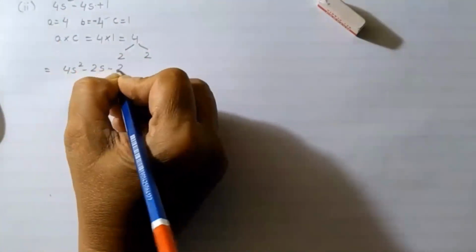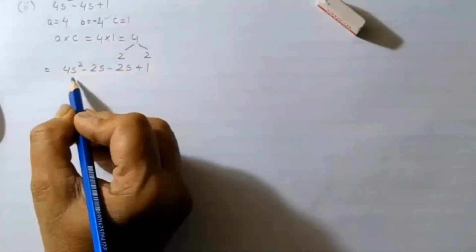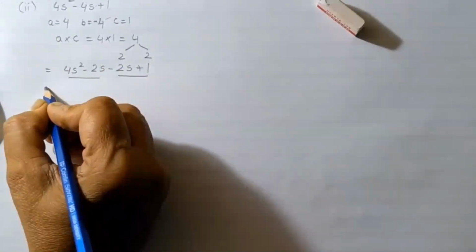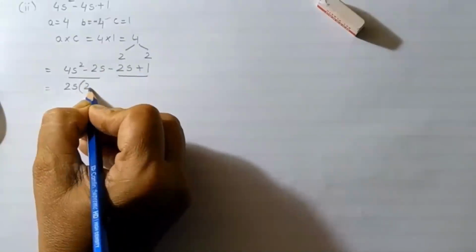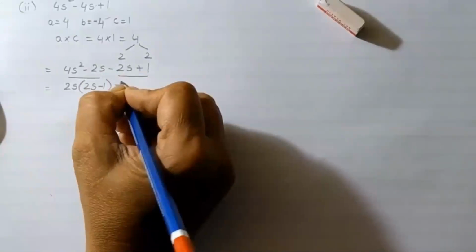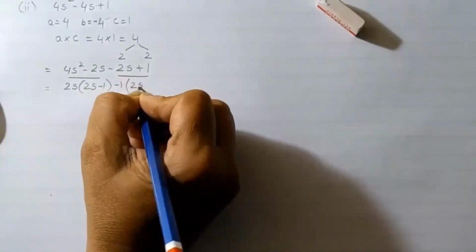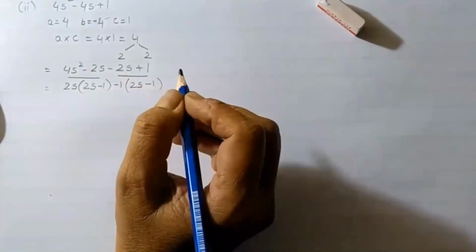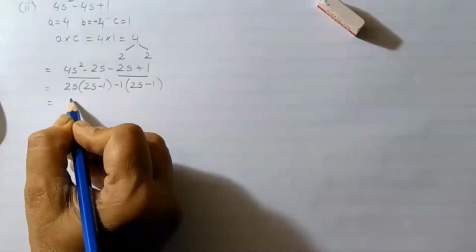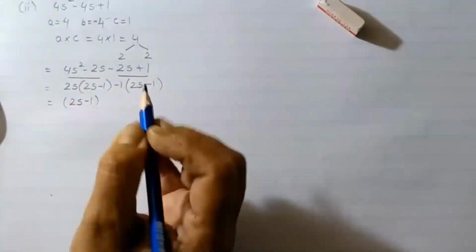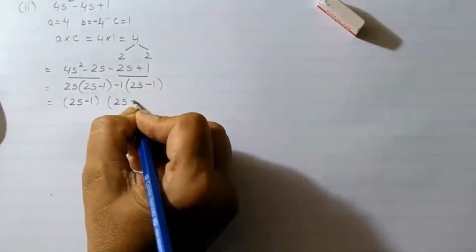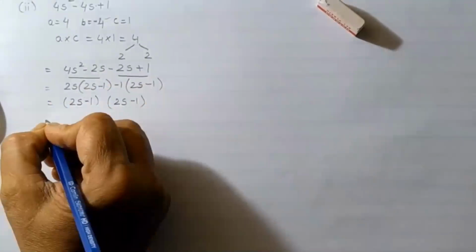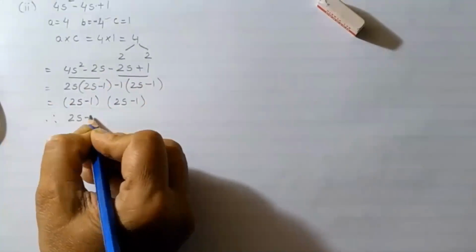The factors for 4 are 2 and 2. Now let us split the middle term, 4s square minus 2s minus 2s plus 1. Group them, 2s common, 2s minus 1, and minus 1 is common, and we get 2s minus 1. So 2s minus 1 into 2s minus 1, which is 2s minus 1 all square.